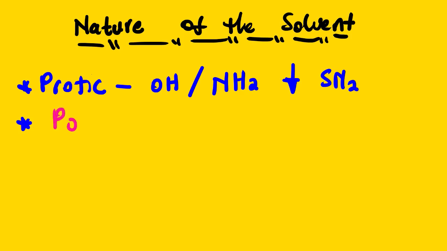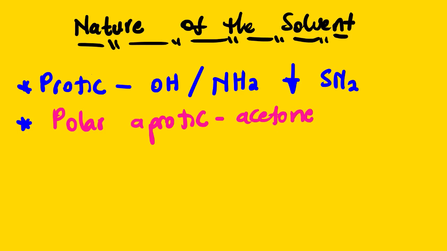The second one is polar aprotic solvents, like acetone. These types of solvents have strong dipoles, but they do not have OH and NH2 within the solvent, and you should know that they speed up the SN2 reaction.